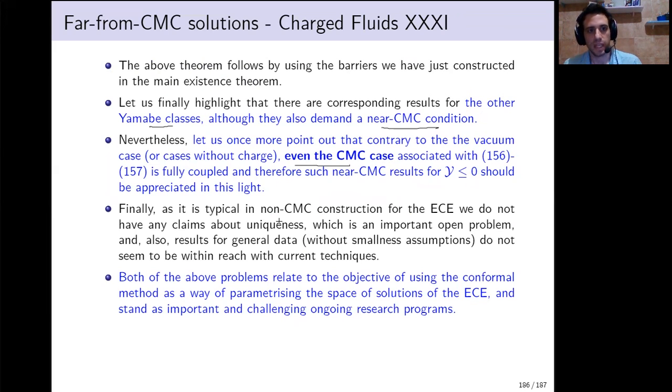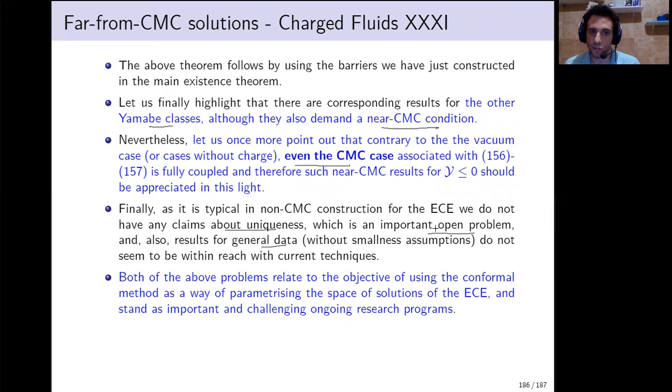And again, as is typical for non-CMC constructions associated to the constraint equations, we don't have any kind of claims about uniqueness. It is an important open problem, and also an important open problem is related to results for general data without smallness conditions.